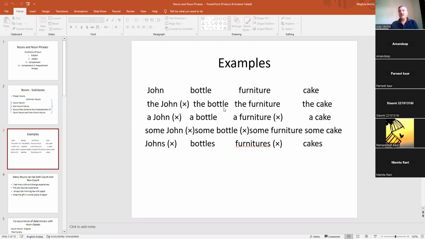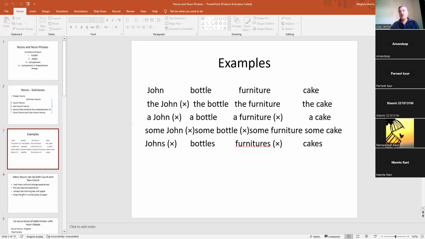Okay. Then a noun like bottle, which is a countable noun, we can use it as a count noun. It can be counted. It has both singular and plural forms. In the case of such nouns, as the slide shows you, we have liberty to use it with general determiners like the bottle, a bottle.